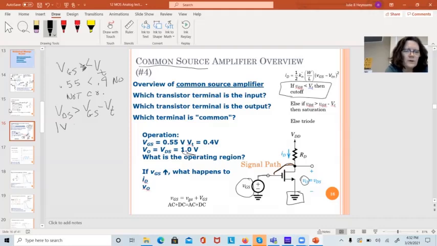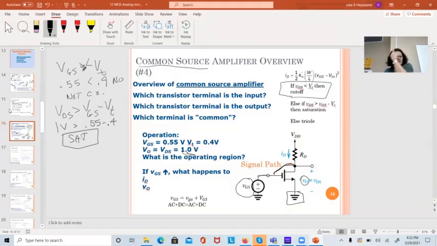Is that greater than 0.55 minus 0.4? And that is not true. So wait, it is true. Never mind, it's in saturation. So we know this amplifier's in the right region.